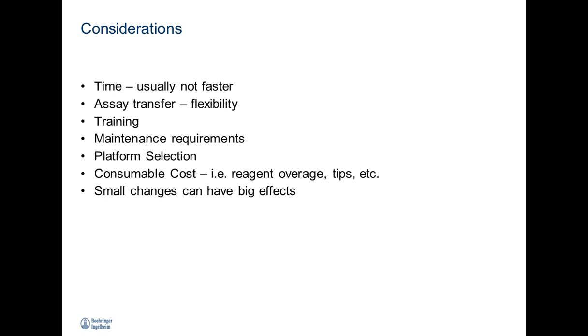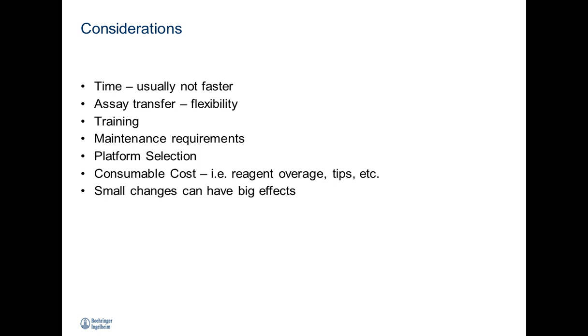Cost of consumables. When running automated platforms or automated systems, you're generally going to need an overage volume when it comes to reagents. You're going to be working out of larger reservoirs, so that needs to be taken into consideration.